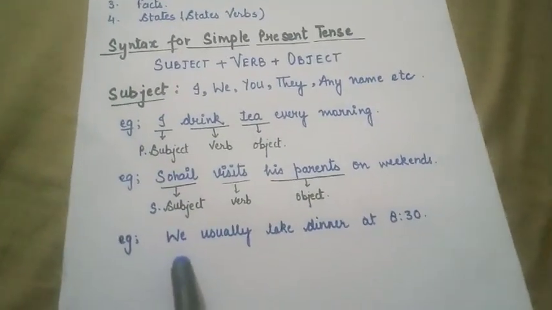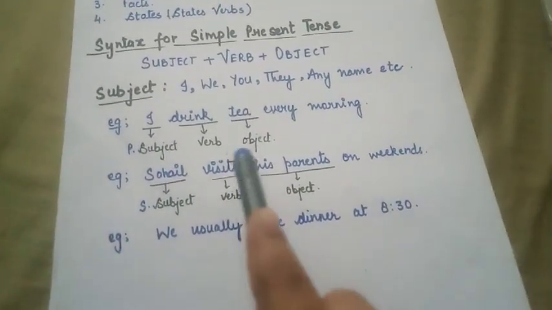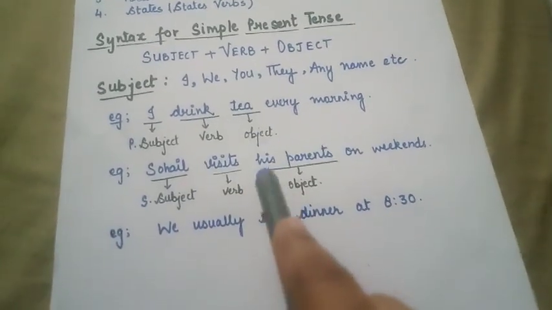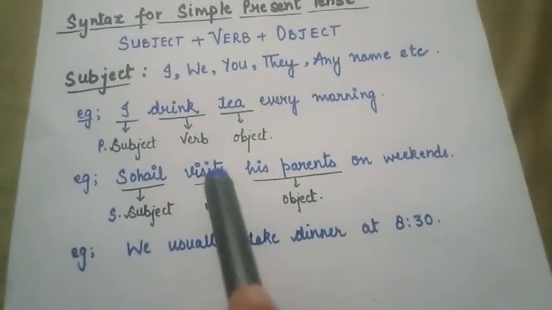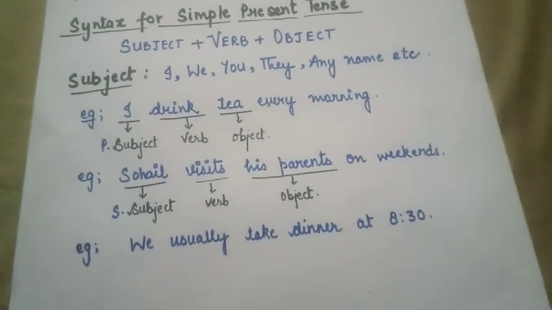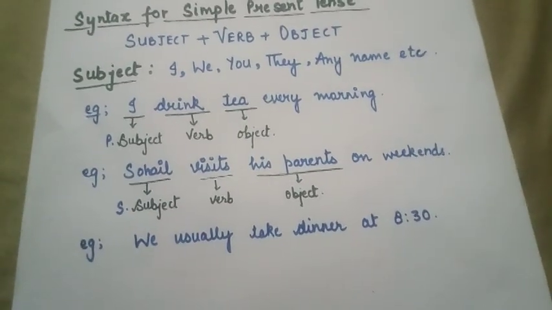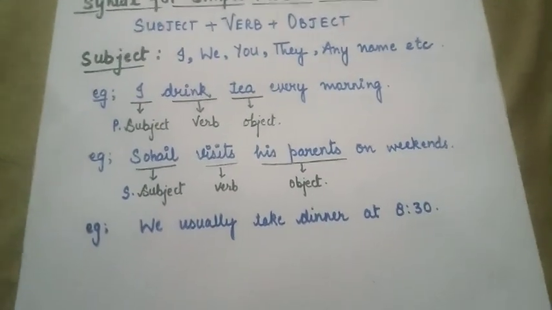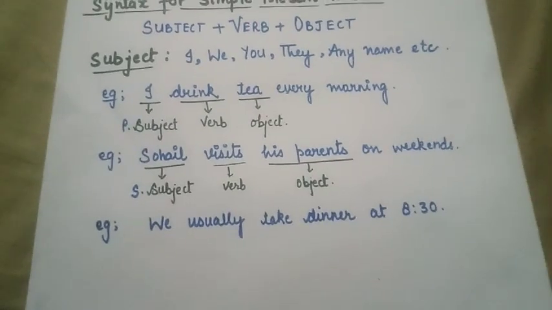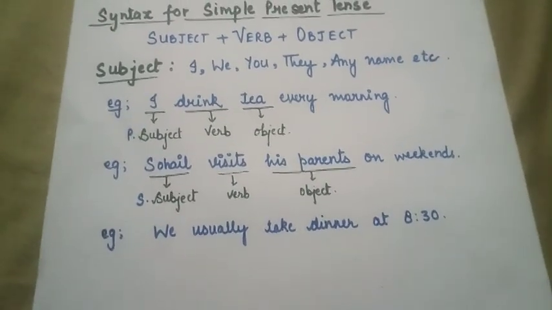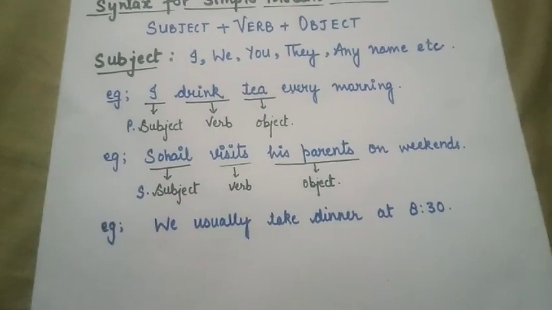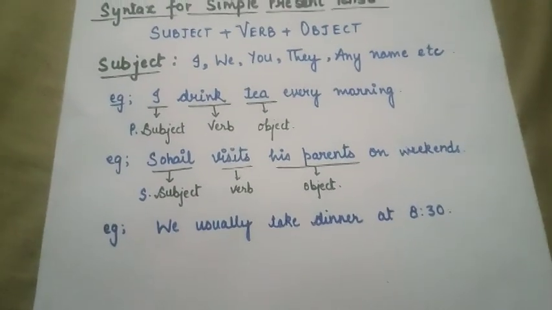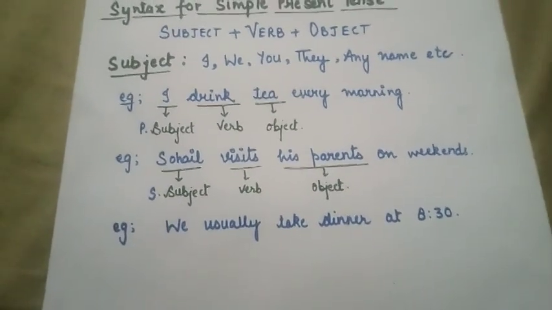Right, now see the last example, you will classify it on your own as I have classified in these two sentences. Now see children, note down one more thing, how frequently the action happens, like every day, on weekends, etc. When we talk about habits or routines, we normally use these kinds of expressions.